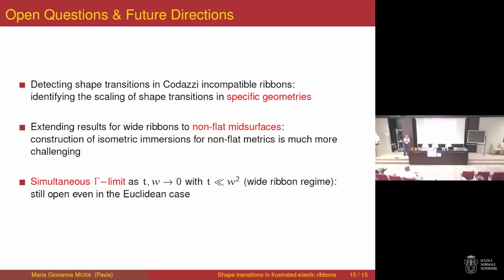While when you start from 3-dimensional nonlinear elasticity and you want to compute the simultaneous gamma limit, you have the rigidity estimate telling you that your deformations are close to isometries, but they are not exactly equal to isometries. And this makes a huge difference. This is the big difficulty in computing the gamma limit. So at the moment, this is still an open problem, even without internal geometry. Okay, so this is what I wanted to tell you. Thank you very much for your attention.